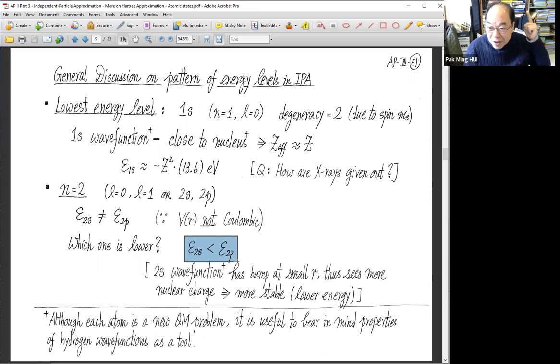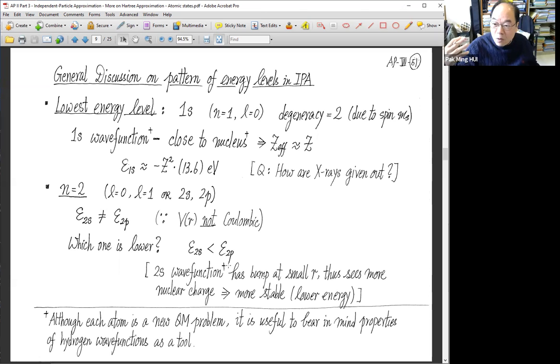Then physically, is there any hand-waving reason that can be understood? Well, there's one way to do it. We think about the wave function. But then you say we don't know the wave function. We haven't solved it. Every atom is a different problem. Still, when thinking about atomic physics, the hydrogen set of wave functions, the only case we can solve exactly, will be very handy to help us think.